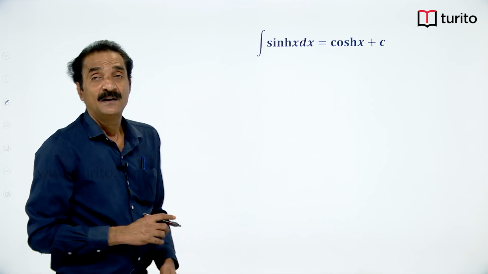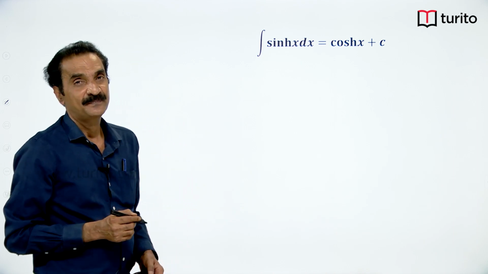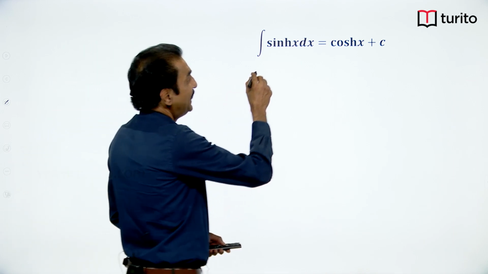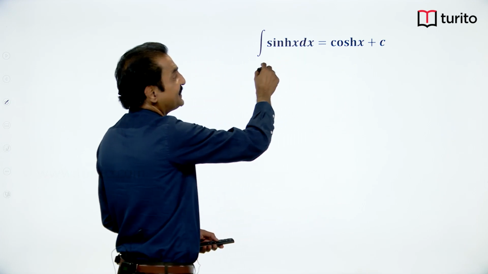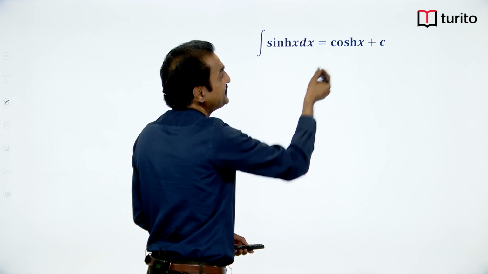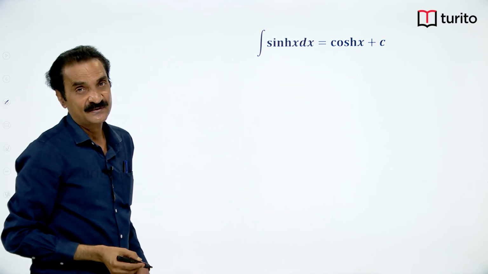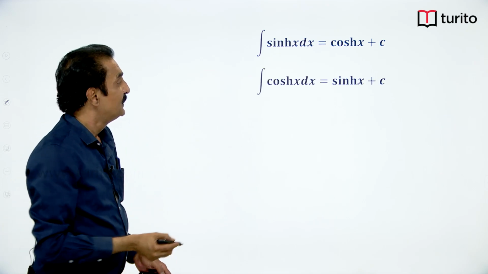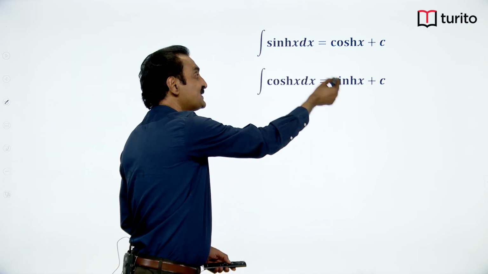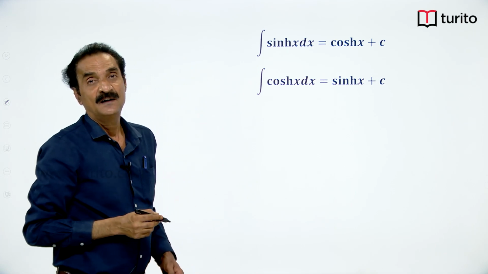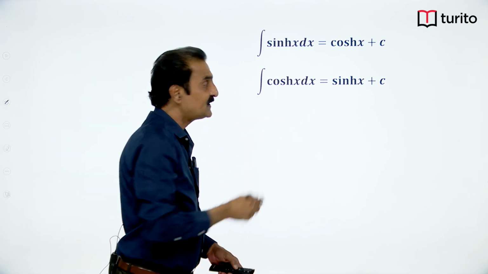Next, hyperbolic functions. Derivative of cos hx is sin hx. So, the integral of sin hx is cos hx. Similarly, derivative of sin hx is cos hx, and integral of cos hx is sin hx.